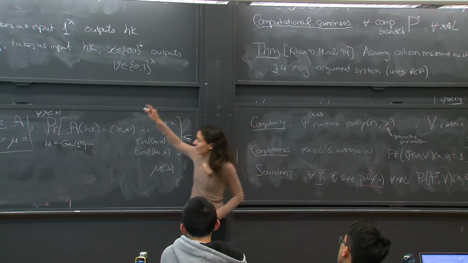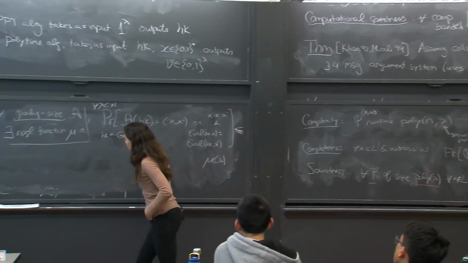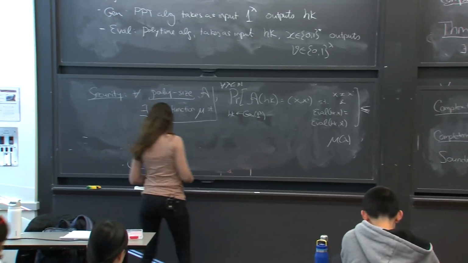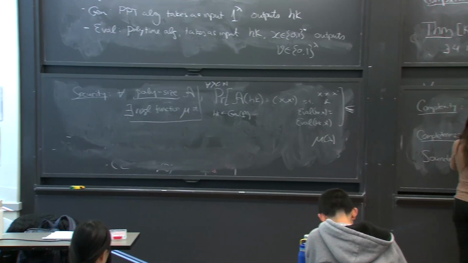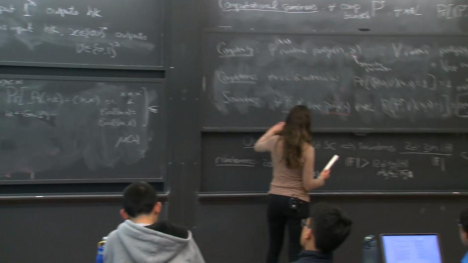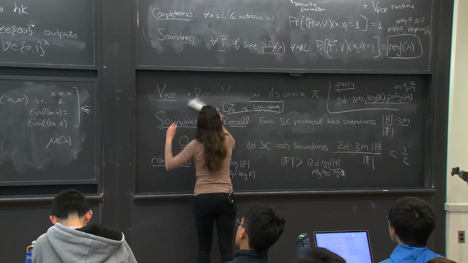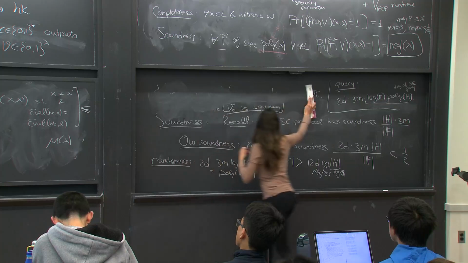So what I defined here is just a hash function. But then I can define another primitive, which is a hash function with local opening, and that's what we actually need for the theorem.